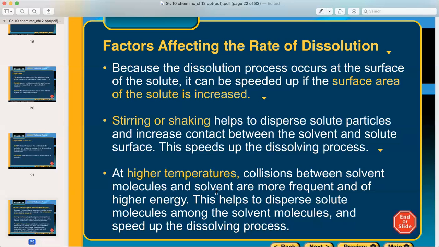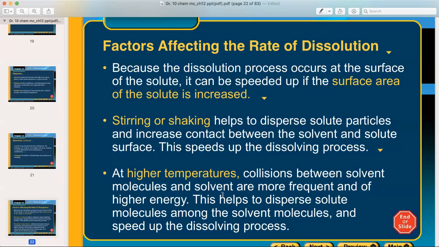The third one is temperature. If you get the idea of stirring or shaking, it is very easy to understand the effect of temperature on dissolving. Whenever you are heating a solution, which contains solute and solvent, the particles of both solute and solvent speed up and collide frequently with higher energy.